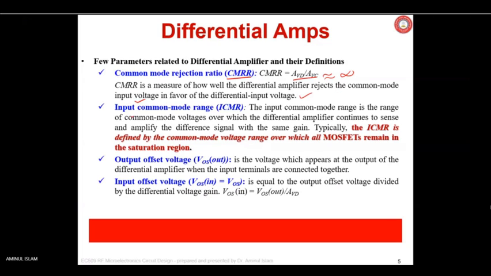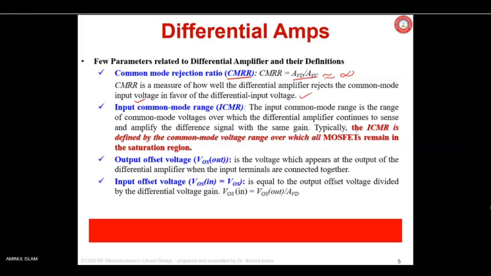Next, input common mode range, ICMR. The input common mode range is the range of common mode voltages over which the differential amplifier continues to sense and amplify the differential signal with the same gain. Gain remains constant for the common mode range, common mode value, that is VIC.